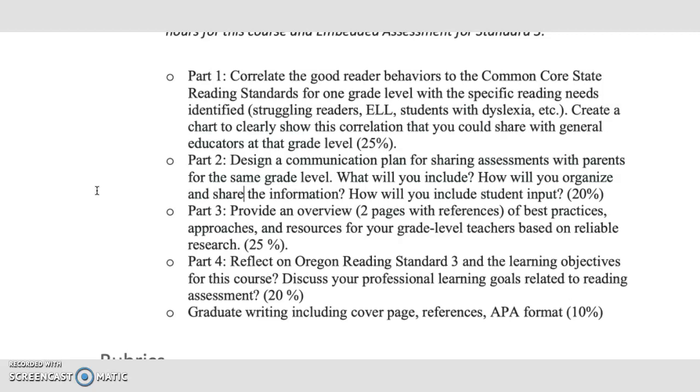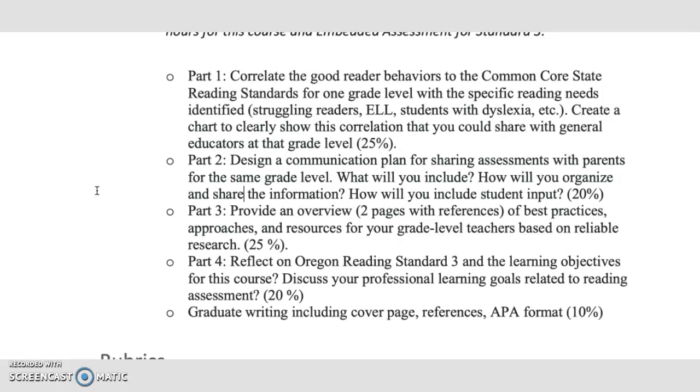The second part is creating a communication plan for that same grade level that you would share with families. And the third is a resource page, really, of best practices and approaches that could be used for a target grade level. This can all be the same grade level, although it's not necessary.